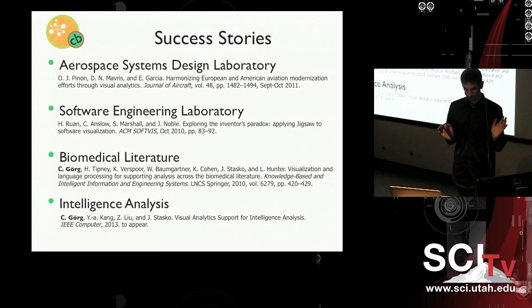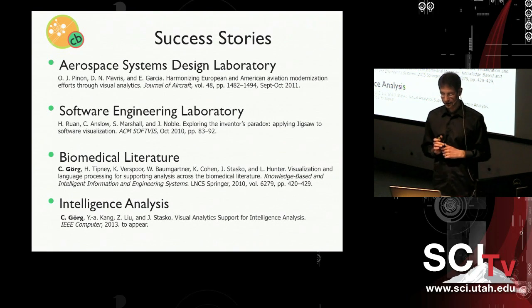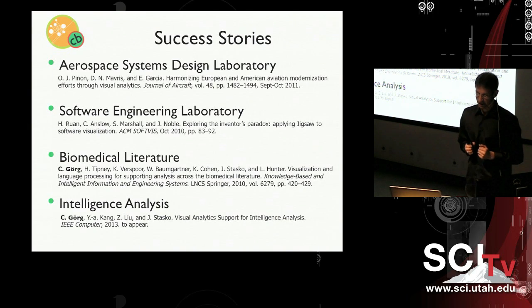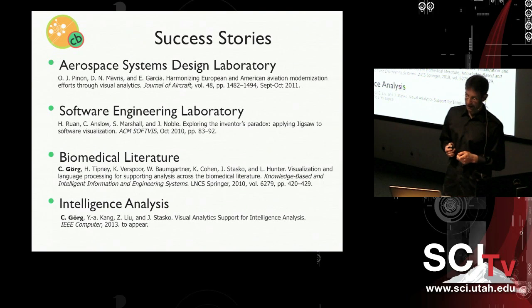So success stories. We have a couple of collaborators within science and also outside of science that have used the Jigsaw system to really analyze their data, and they have published the results either in a scientific journal or they just basically used it in industry for their own good. We did collaborate with the Aerospace System Design Lab at Georgia Tech, and they basically used the system to compare guidelines in the US and Europe for air safety.